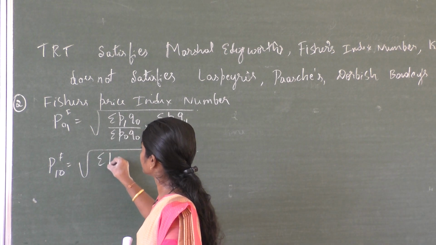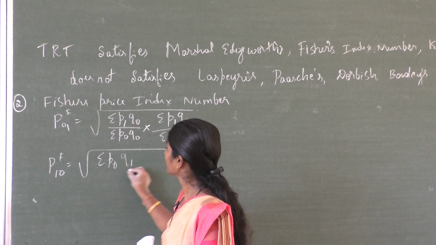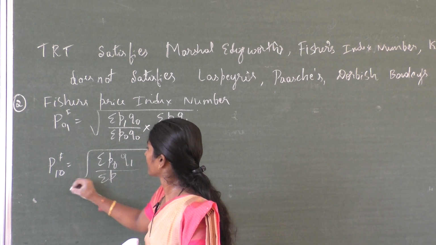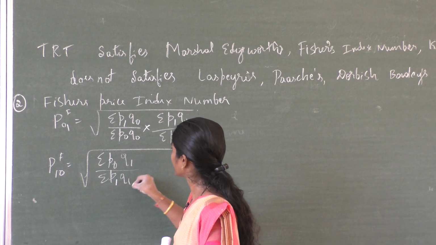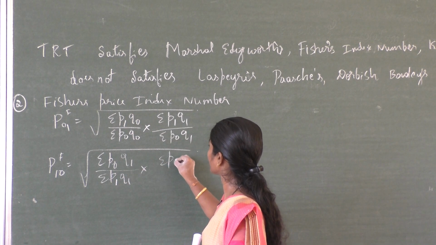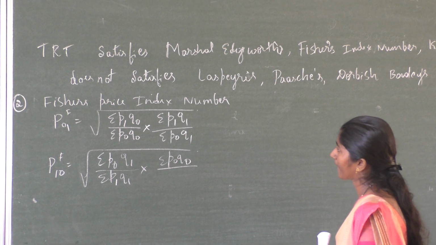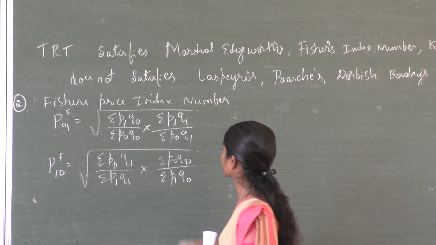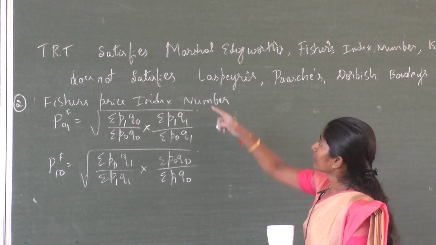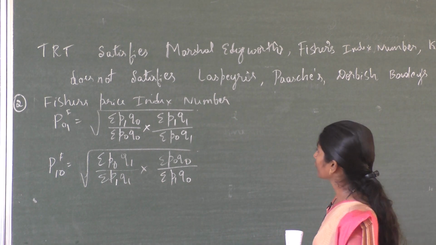Here, instead of 1 we are taking 0. Our formula of TRT, that is P01 into P10, is equal to 1.